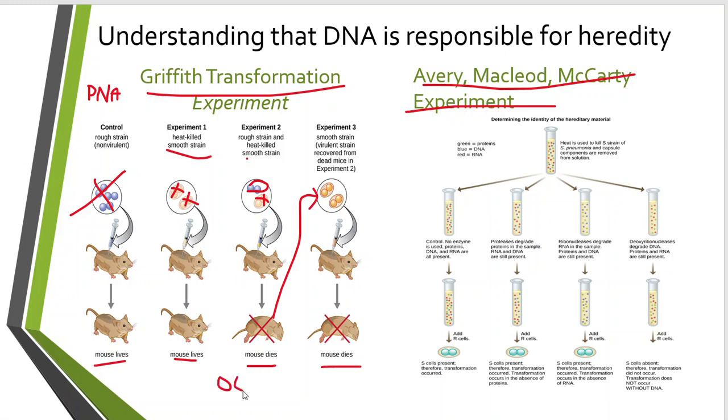Well, those dead bacteria eventually broke down, and some of their DNA floated by. These guys got that DNA and learned to make a capsule. That's what happened. So we know it was living bacteria here, and these guys were dead, so these guys had to transform into this in order for this to happen. So there was the control, 3 experimentals, and it proved without a doubt that these guys were capable of transforming.